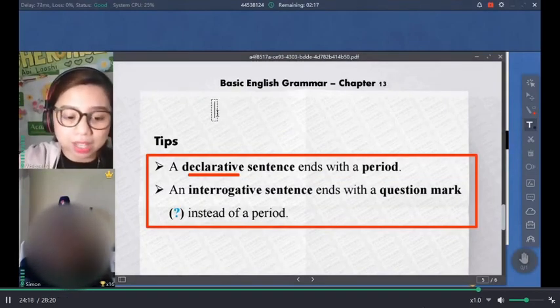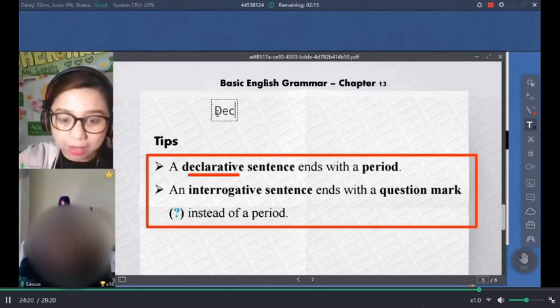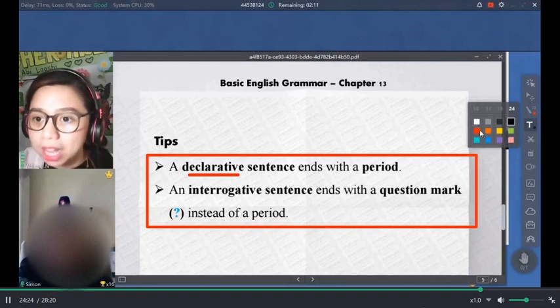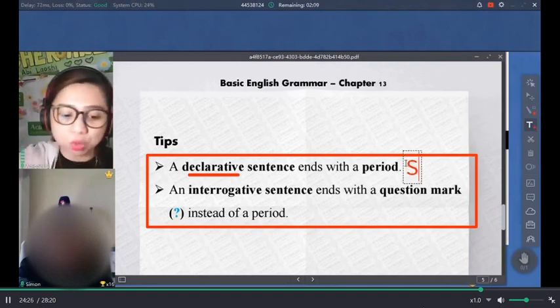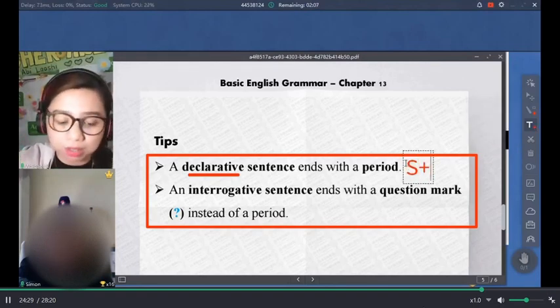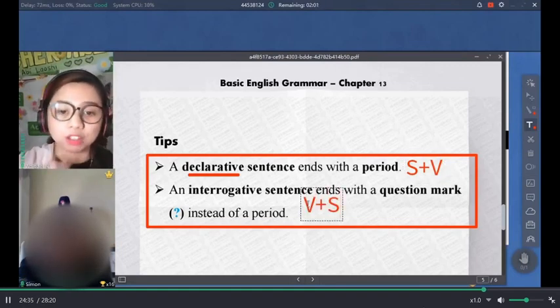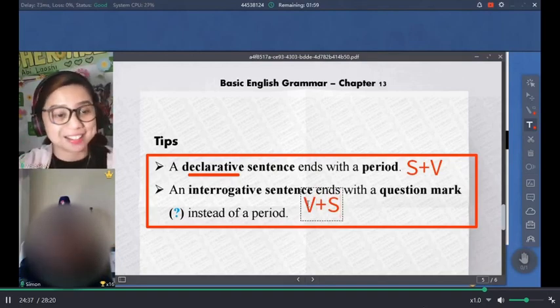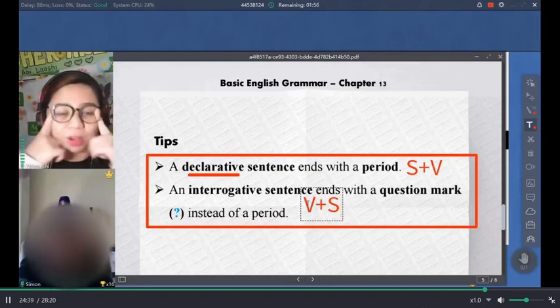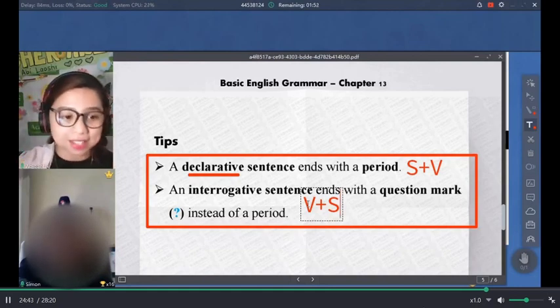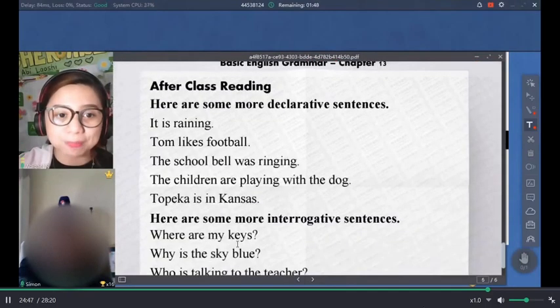A declarative sentence usually starts with subject and verb, but an interrogative sentence usually starts with a verb followed by a subject. So just remember, declarative is subject plus verb.